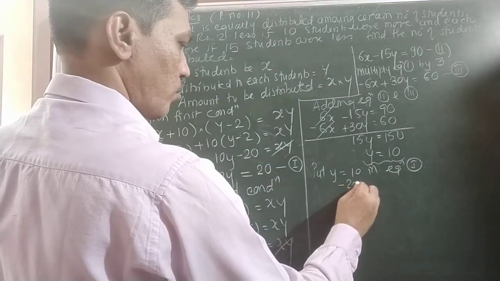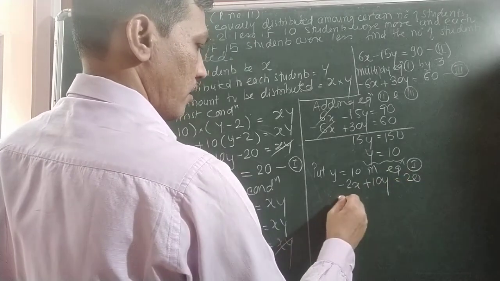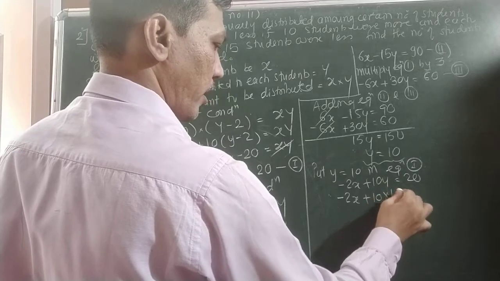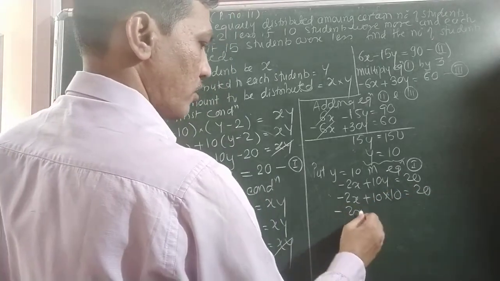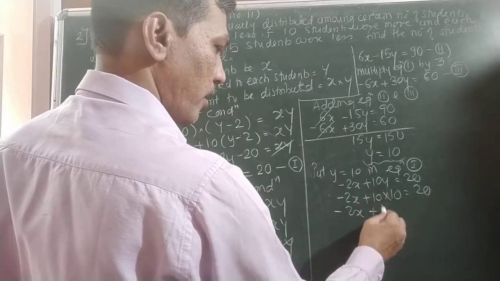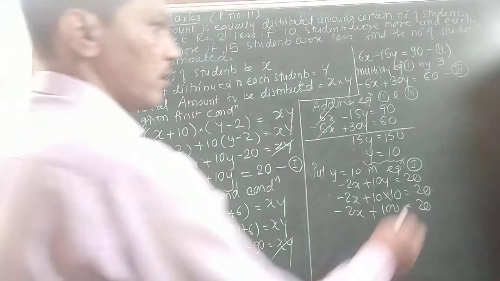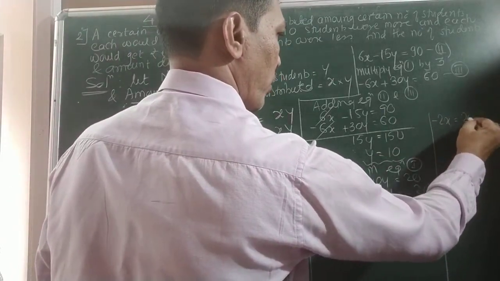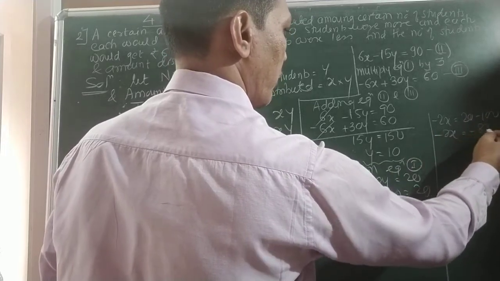So minus 2x plus 10y is equal to 20, minus 2x plus 10 into 10 is equal to 20. Ten tens are 100. So minus 2x is equal to 20 minus 100, minus 2x is equal to minus 80.